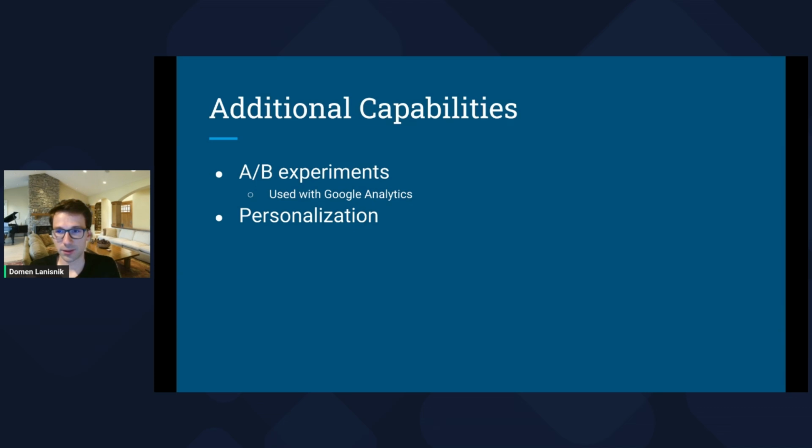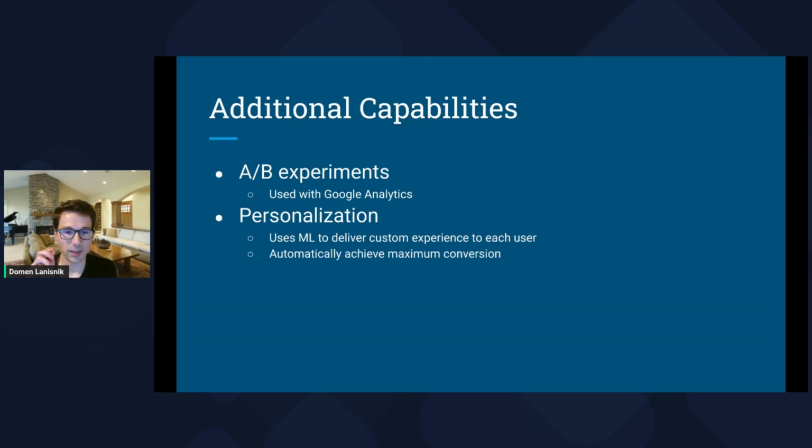Another quite advanced use case that Firebase provides is personalization. They essentially use machine learning to deliver a custom experience to each user. And it essentially enables you to automatically achieve the maximum conversion.